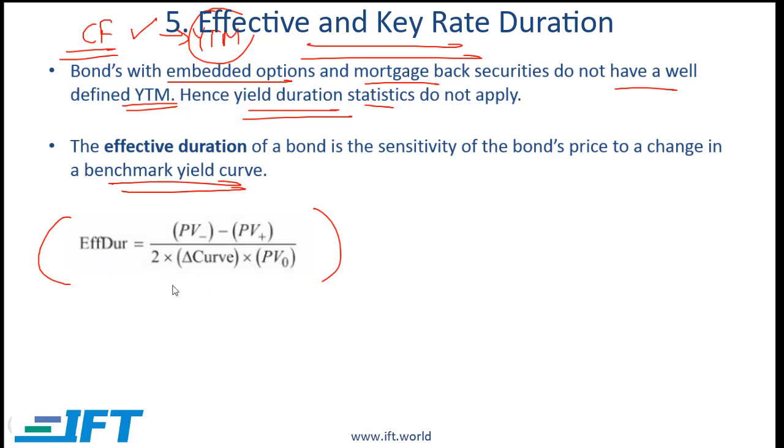And the formula is given right here. This should look quite familiar because the only thing that is different between this and the formula that you saw earlier is this expression over here. We are looking at a delta or a change in the benchmark yield curve.